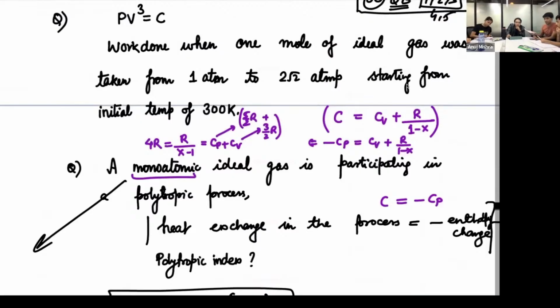What is the Cv of a monatomic gas? Cv is 3 by 2 R, and Cp is 5 by 2 R. So you will have to use it.